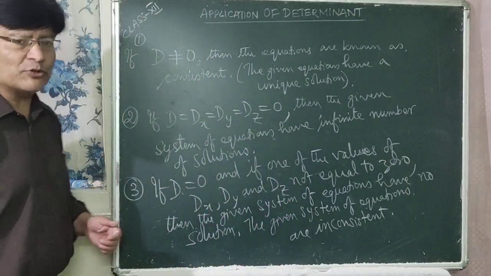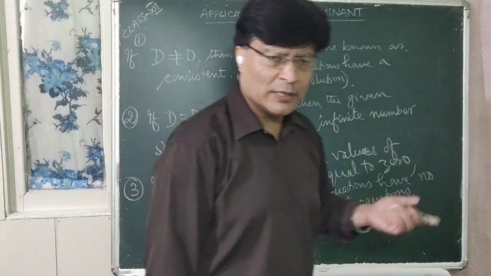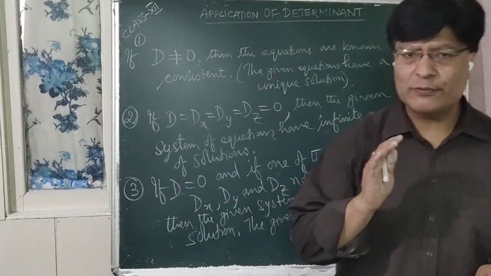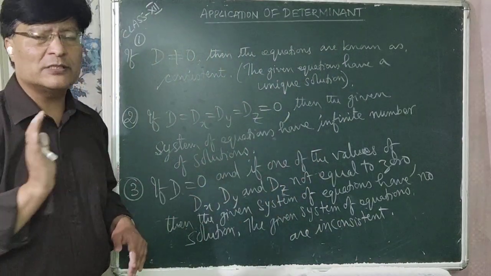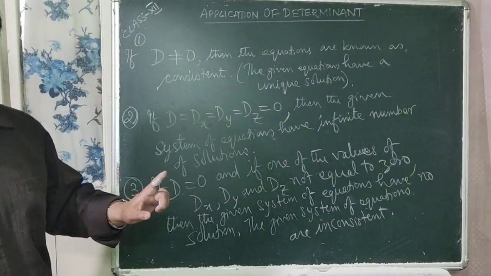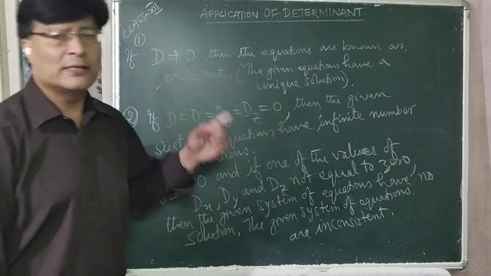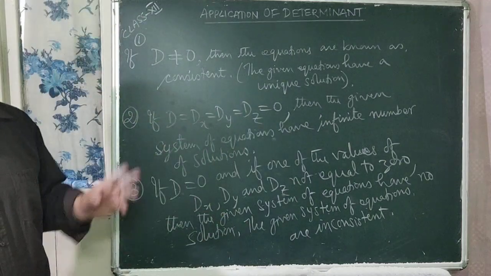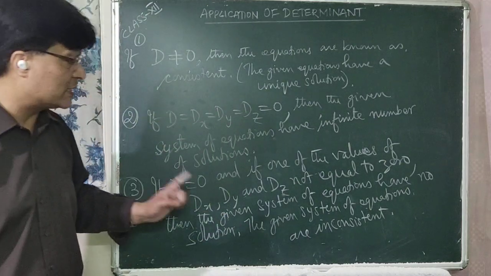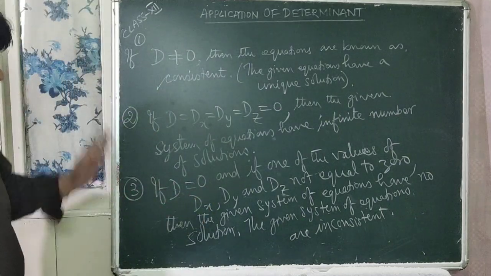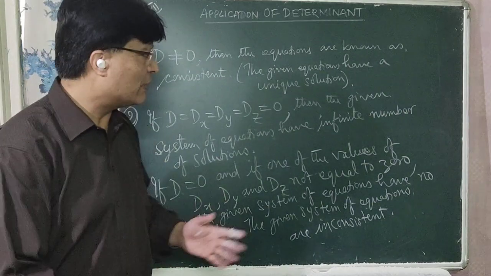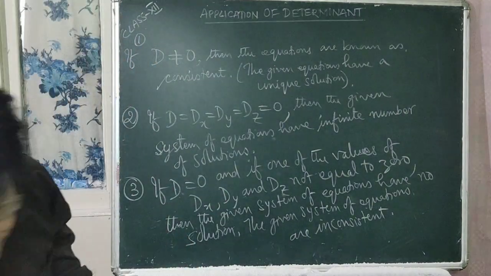And in case of number 3, if d is equal to 0 and if one of the values of dx, dy and dz is not equal to 0, then the given system of equations have no solution. So in that case, the given system of equations are known as inconsistent. Is that clear? So these are the conditions that you should know. Okay. Now let's do some problems.